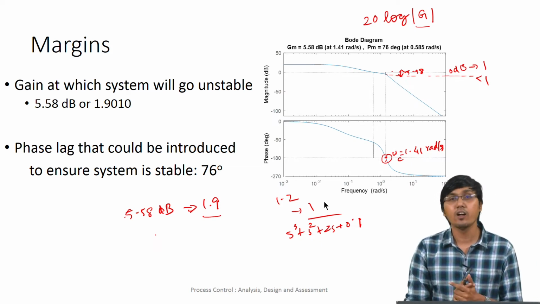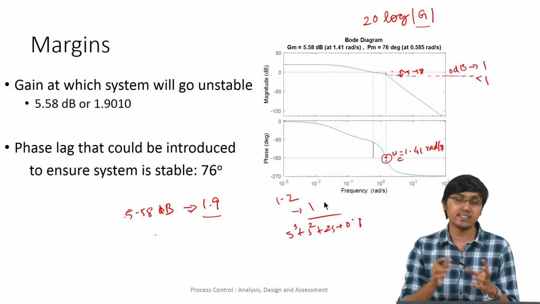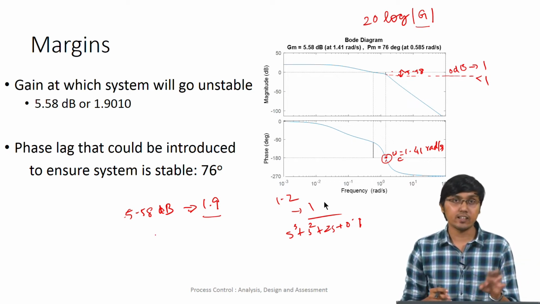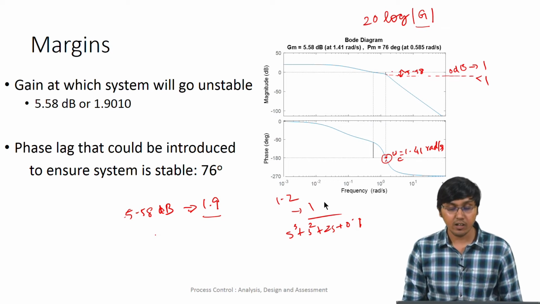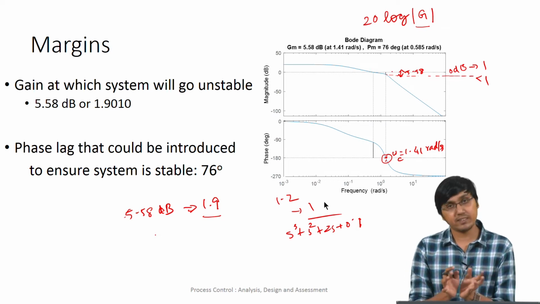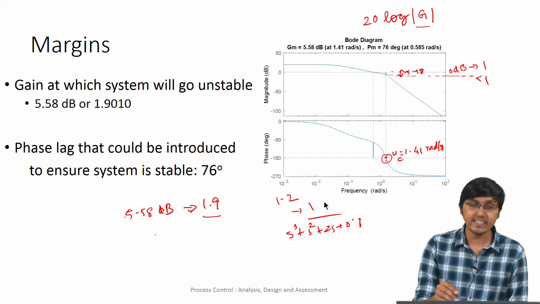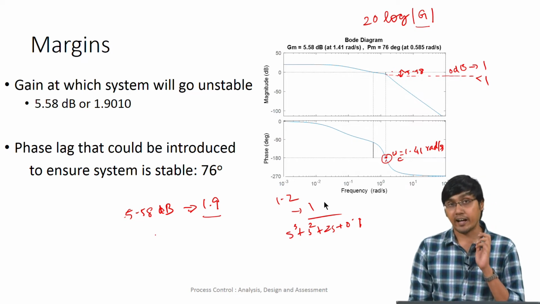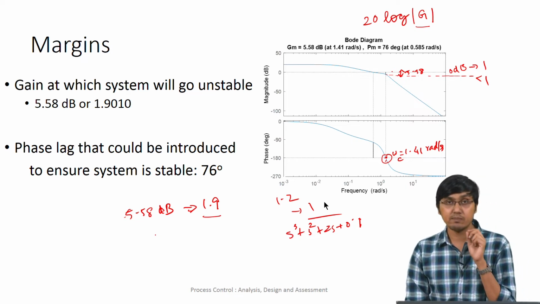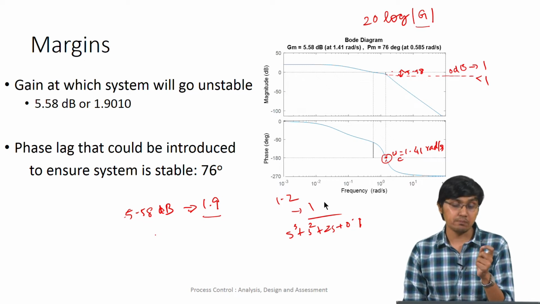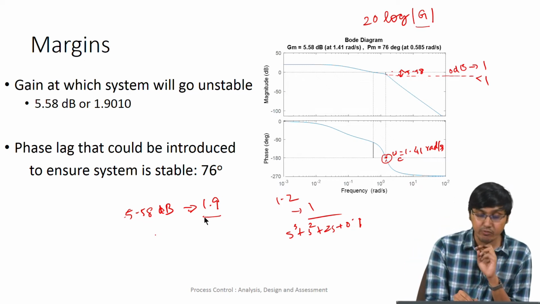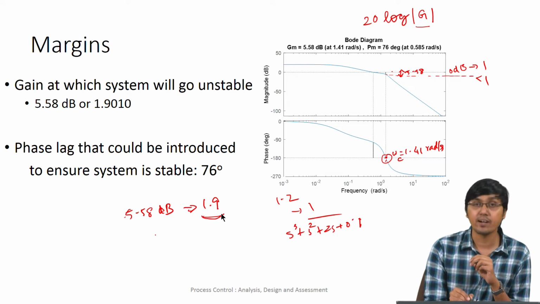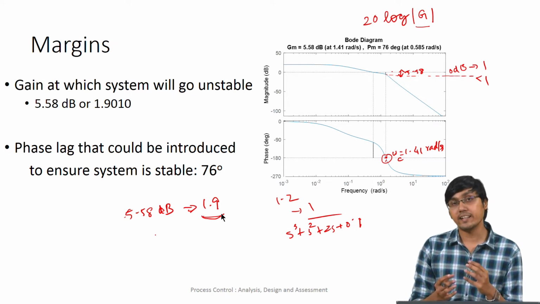That may be one reason. Or it's a non-linear system, so I linearized it and made some approximations and then got this. Or there are a lot of approximations in modeling. So considering all the approximations, I have the flexibility of making a mistake of 1.9 times the gain. Only if I multiply by a gain of 1.9, then the system will go unstable.